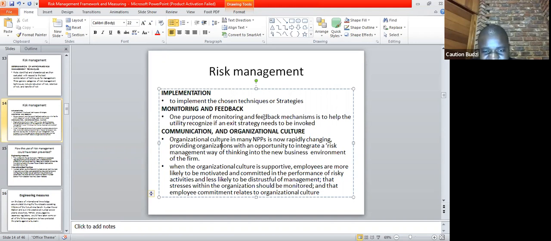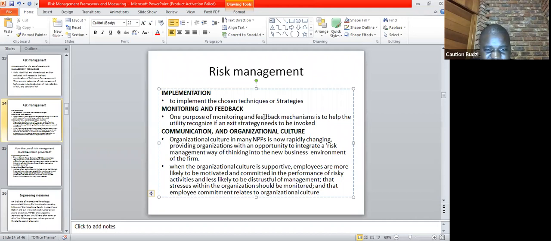There are always new types of risk which come into the organization. So this process is important to continuously monitor if the risk management strategies in place are still adequate.